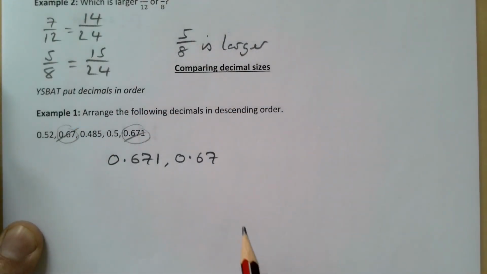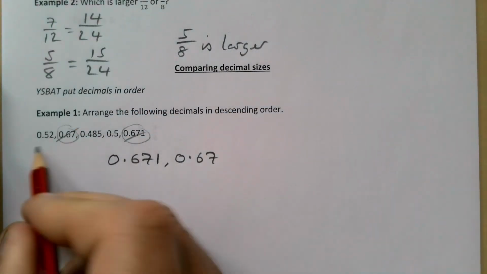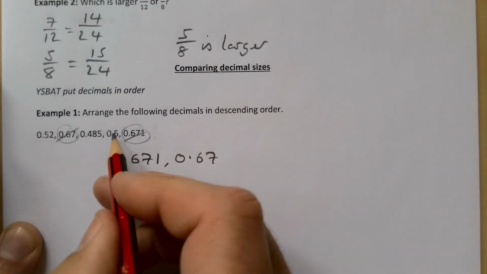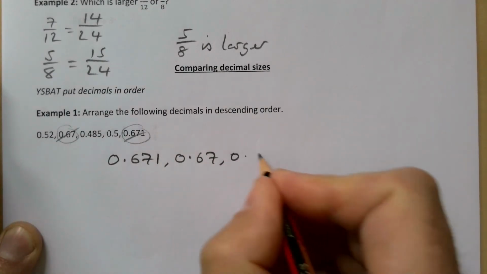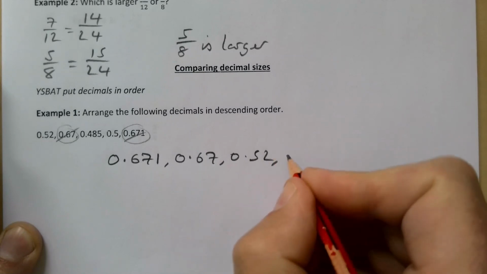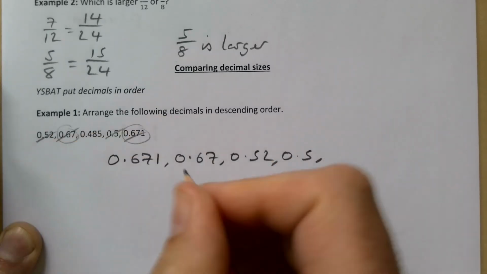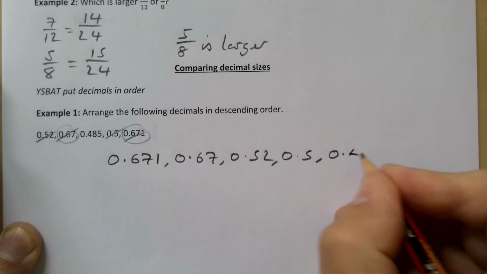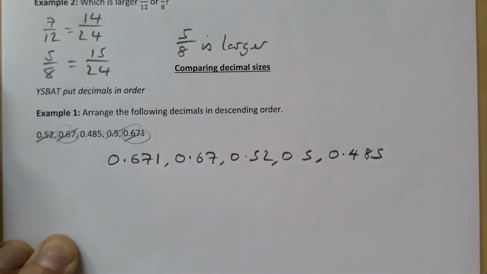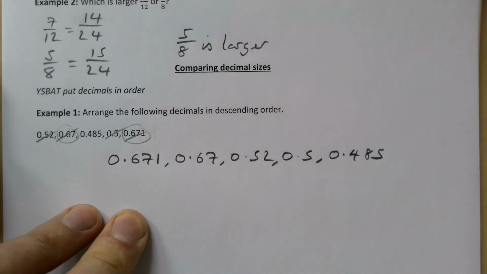We've dealt with those two. I then have two in the 0.5 category, so that's 0.52 and that's 0.5, so 0.52 is bigger. And then 0.5. And I'm only left with one then, and that's 0.485.